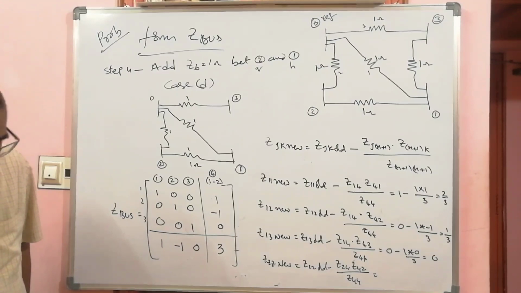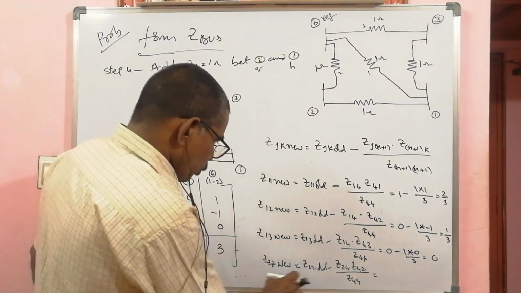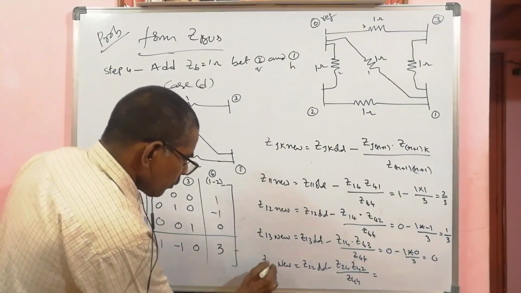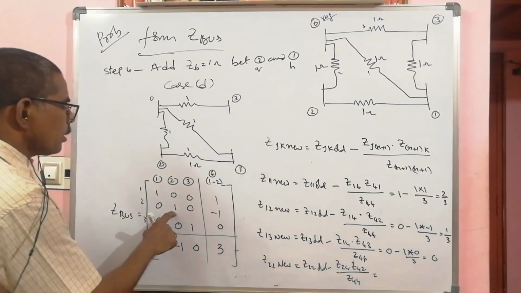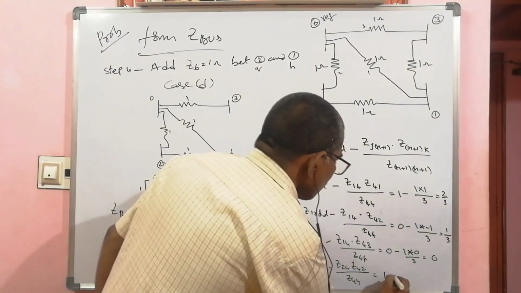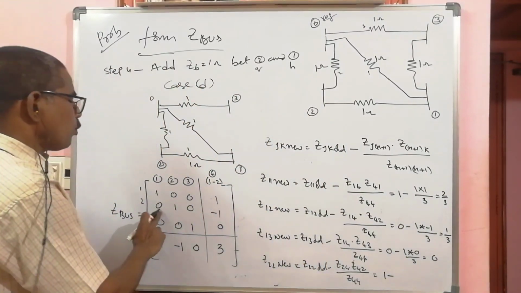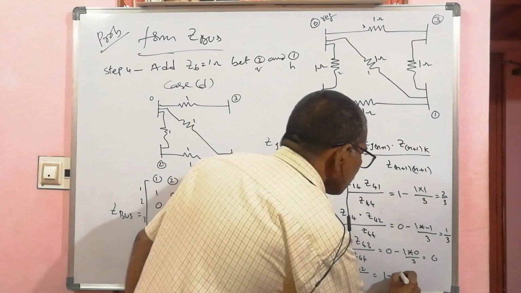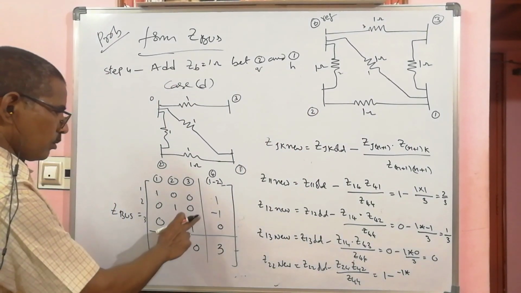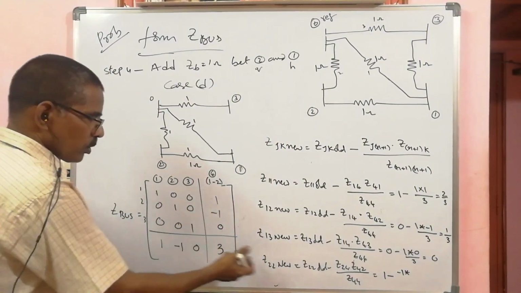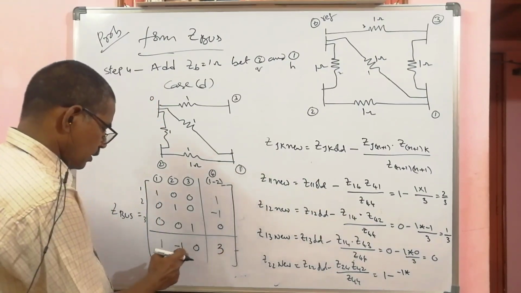Next, Z22. Z22 new. What is Z22 old? It is 1 minus Z24 minus 1 into Z42. Z42 and Z24 are anyway the same, is it not?